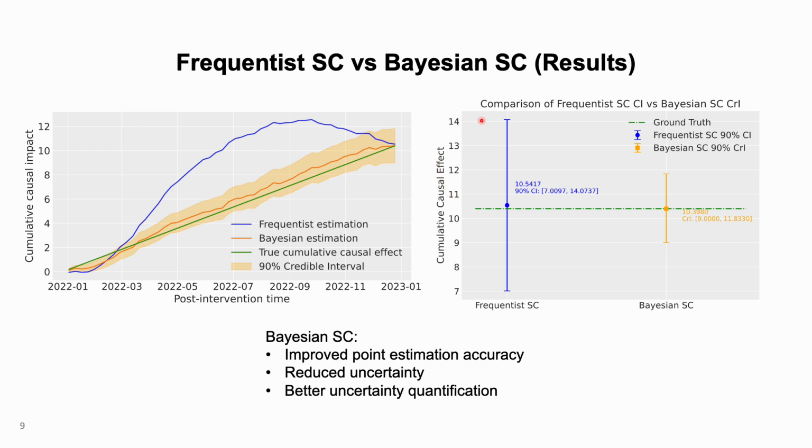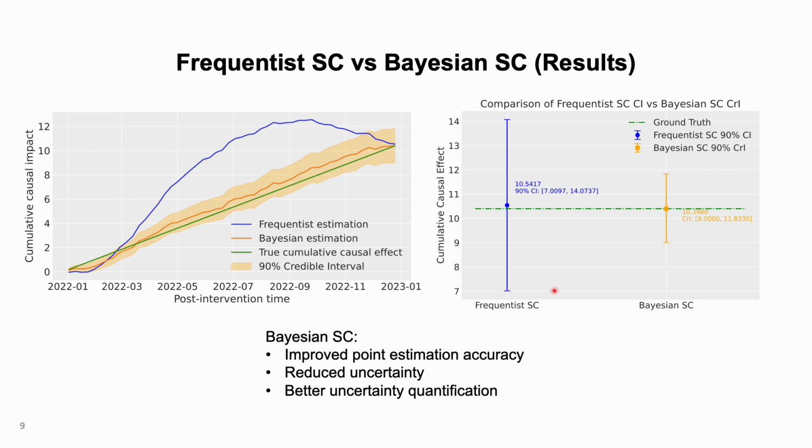In addition, we compared the frequentist model's confidence interval versus the Bayesian model's credible intervals, with the results shown on the right. They are all set at 90% confidence or probability.